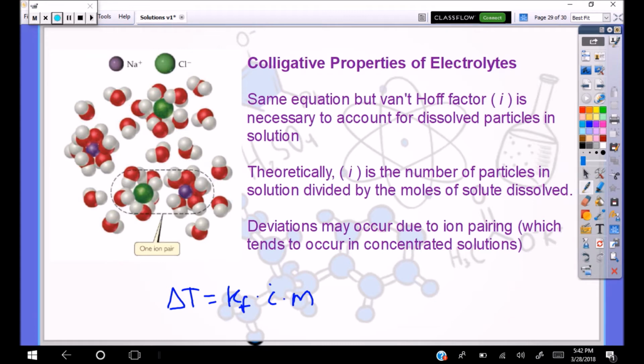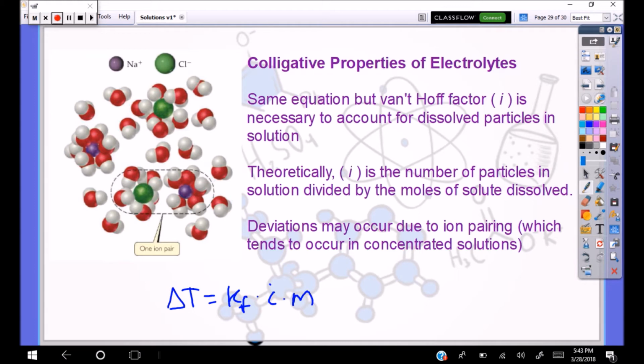However, what we find is that there are sometimes deviations that may occur due to ion pairing. Ion pairing is what's pictured here. You have a lot of particles in solution. It happens when you're more concentrated. When you're more concentrated, it's likely that the ions are going to get closer together. When they're closer together in solution, they still can have some interaction, and we form what's called an ion pair.